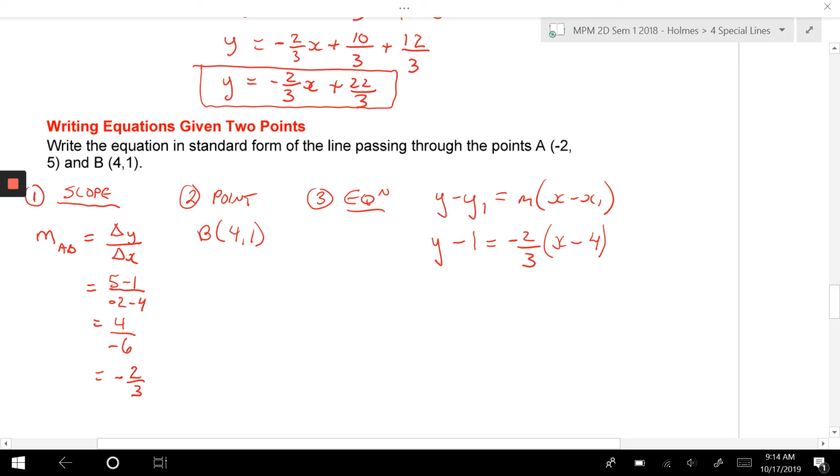Now I'm going to solve this in the same way I solved the previous question. I need to rearrange this to solve for y. Y minus 1 equals minus 2/3 distributed across the bracket, giving me minus 2/3 x. And then I multiply the minus 2/3 times the minus 4. Minus 2 times minus 4 is plus 8 over 3. Isolate y by adding 1 to both sides.